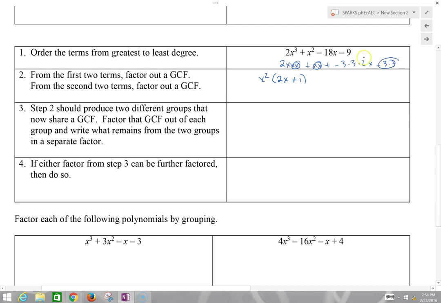Looks like there is a negative 9 that can come out of here. Minus 9, and what do we have left? 2x plus 1. This is now what's common about each one of those terms. 2x plus 1, and then what's left over? x squared minus 9. And of course, we're going to get practice on difference of squares.